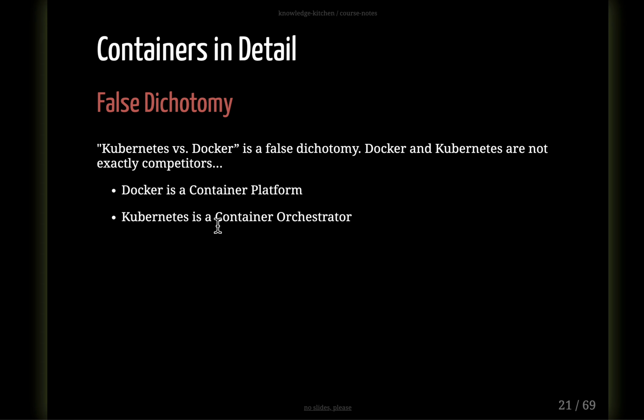A container orchestrator is a tool to help you manage a situation where you have many containers running at the same time, or a situation where you want programmable logic to determine when to create a container and when to destroy that container. So for example, you're running some kind of application, you're expecting to have 100 users, suddenly you have 1 million.